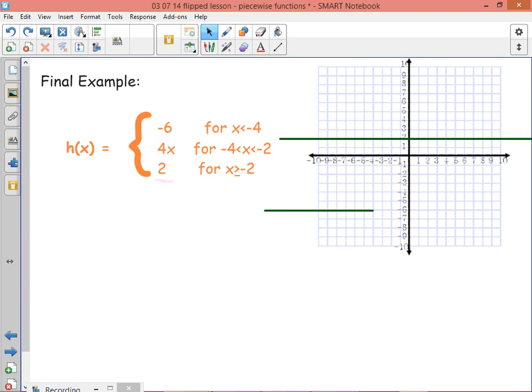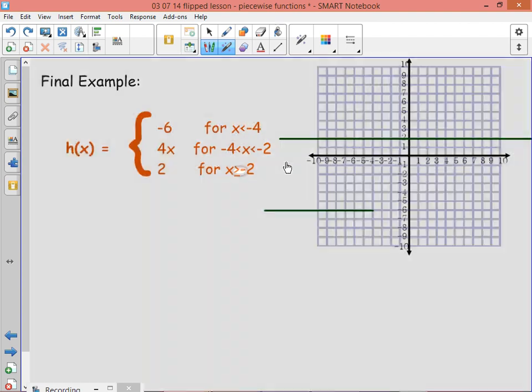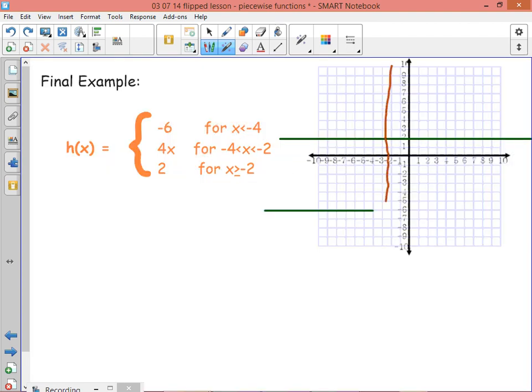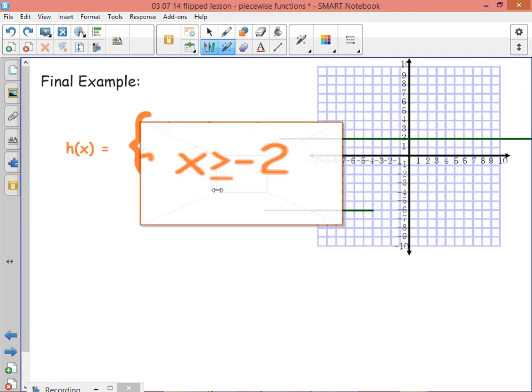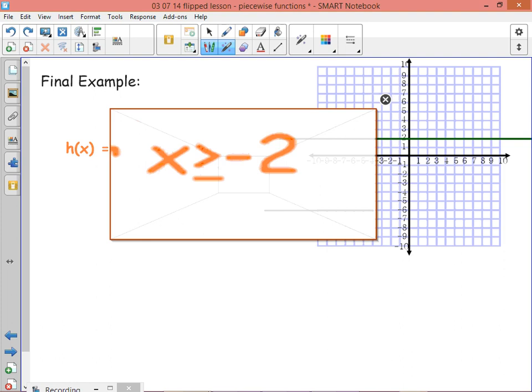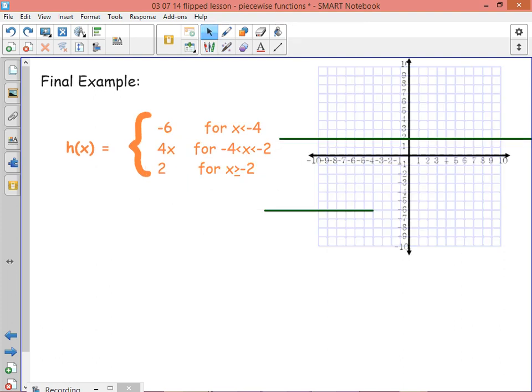And this is when x is greater than or equal to -2. So I'm going to draw an imaginary line at x is -2, and I know I can keep everything to the right of it, so I have to get rid of everything to the left, because this line is only valid when x is greater than or equal to -2. So I truncate this line.